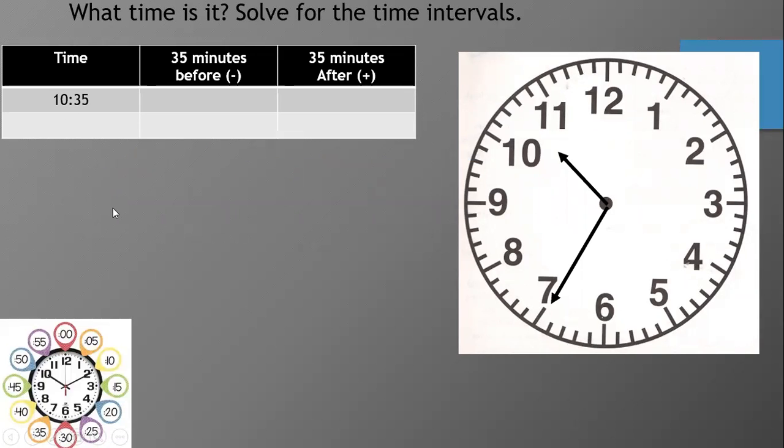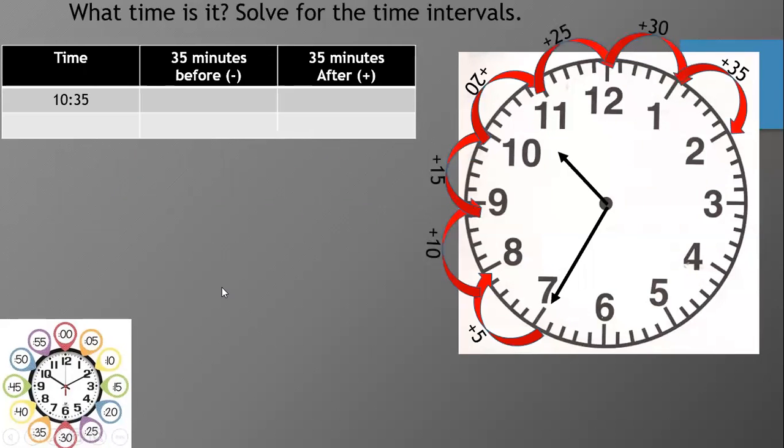Our last one together. In this problem, we're starting at 10:35, and we're going to look at 35 minutes before and 35 minutes after. So let's begin. We have 5, 10, 15, 20, 25, 30, 35, and let's count.